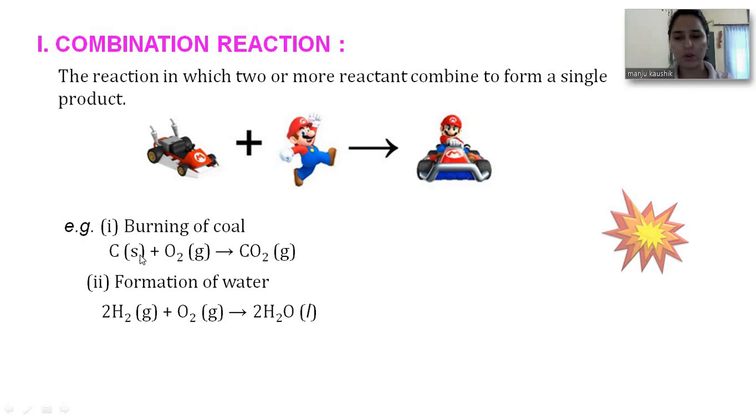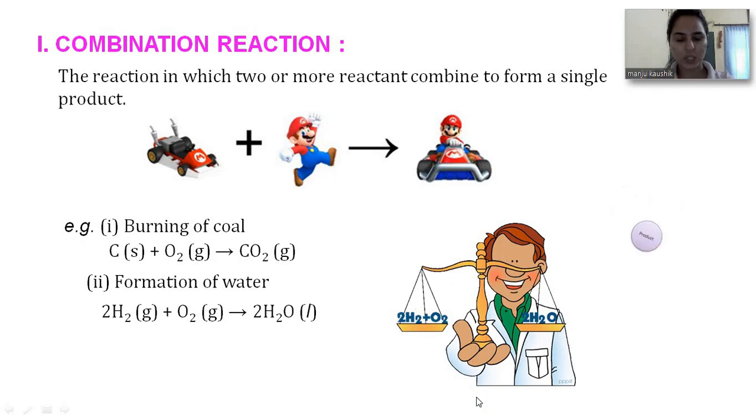There can be more reactants, there can be three reactants, but the product will be a single product. So this is an example of combination reaction. Here simple combination is taking place, nothing else. So carbon is combining with oxygen to form carbon dioxide and hydrogen is combining with oxygen to form water molecules. Okay students. Let's see another one.